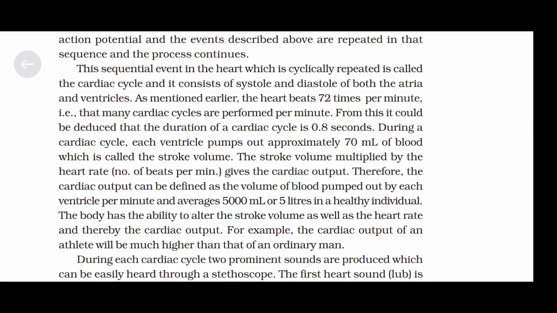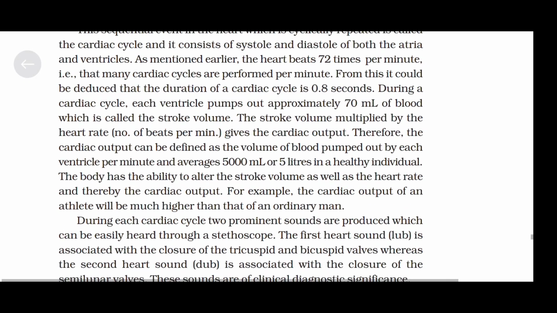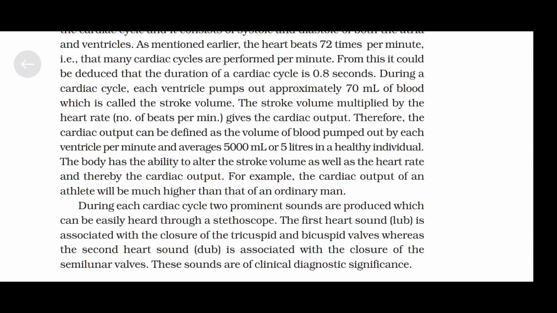As mentioned earlier, the heart beats 72 times per minute. That is, that many cardiac cycles are performed per minute. From this, it could be deduced that the duration of a cardiac cycle is 0.8 seconds. During a cardiac cycle, each ventricle pumps out approximately 70 ml of blood, which is called the stroke volume.